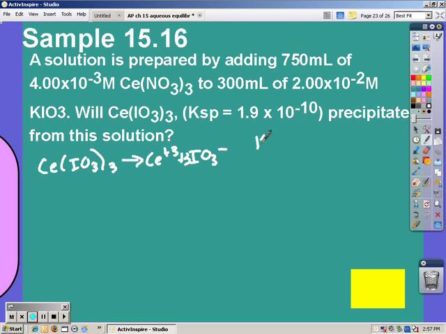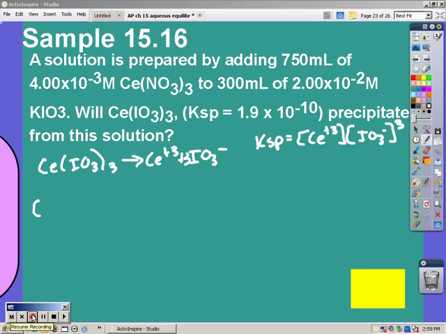Looking up at the top, I know my cerium nitrate concentration. And notice that my concentration of cerium nitrate and cerium are the same because it's a 1-to-1 ratio when that dissociates. Same thing for potassium iodate. My iodate and potassium iodate should be the same concentrations.